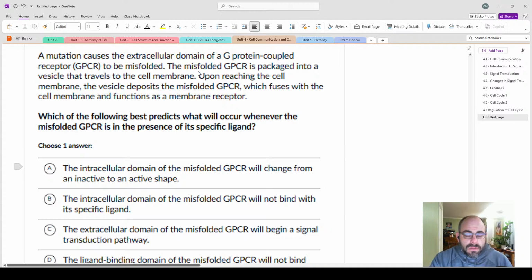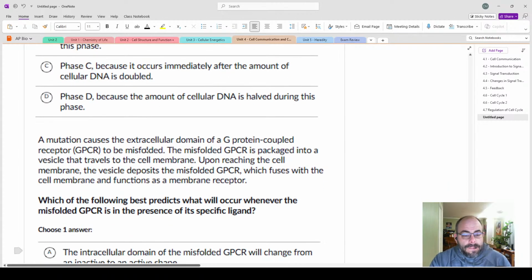The misfolded G protein coupled receptor is packaged into a vesicle that travels to the cell membrane. Upon reaching the cell membrane, the vesicle deposits the misfolded GPCR, which fuses with the cell membrane and functions as a membrane receptor. Which of the following best predicts what will occur whenever the misfolded GPCR is in the presence of a specific ligand?